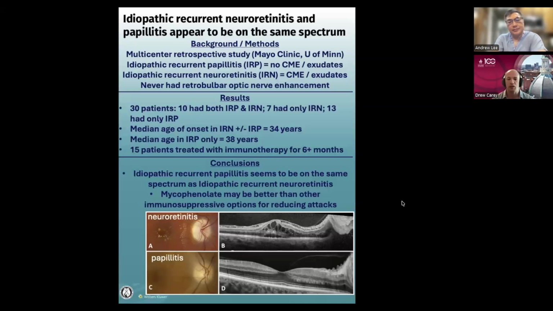And you need to keep in mind that after you've done your thorough workup to rule out things like sarcoid and retinal vasculitis and other things, they may have this condition, neuroretinitis or idiopathic recurrent papillitis, even if you don't see the telltale CME and macular star. And if you're seeing relapses in the patient, you may want to consider putting them on immunosuppression. And it looks like maybe mycophenolate is better than azathioprine or TNF-alpha inhibitor in this, the limited data we have from a 30 patient retrospective study.